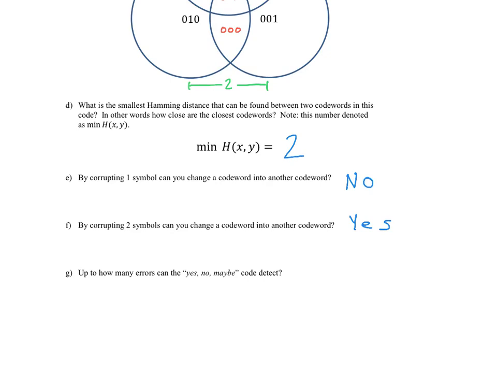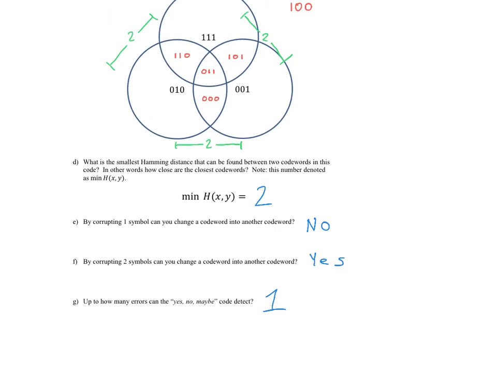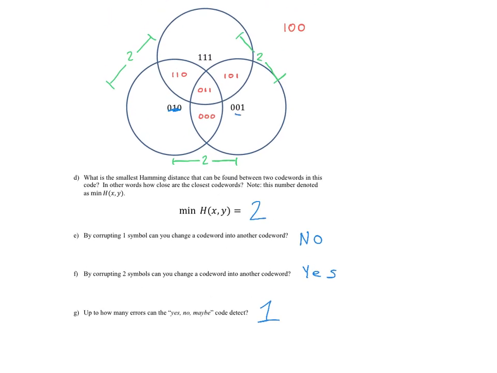Well, we can detect up to 1 error because we had a minimum Hamming distance of 2. And this is kind of the breaking point: when you can change the symbols and you don't get another code word, then you can still do the error detection safely. But when you corrupt enough symbols that it can change one code word into another code word, then you can no longer do the error detection.